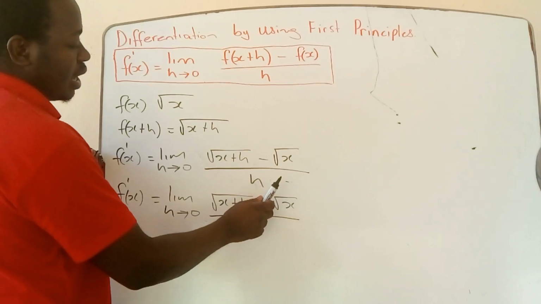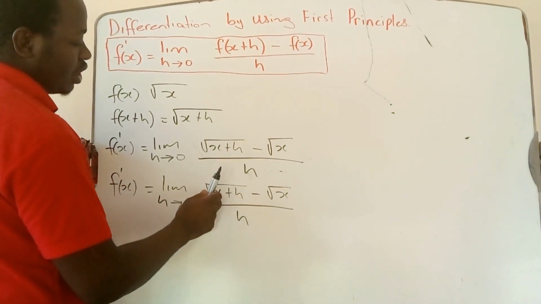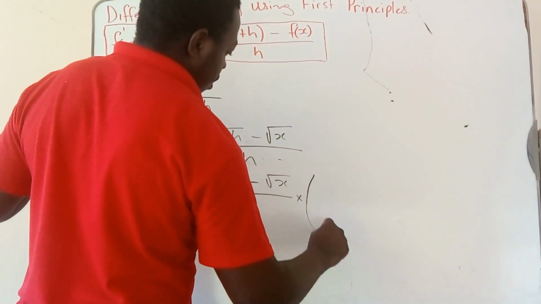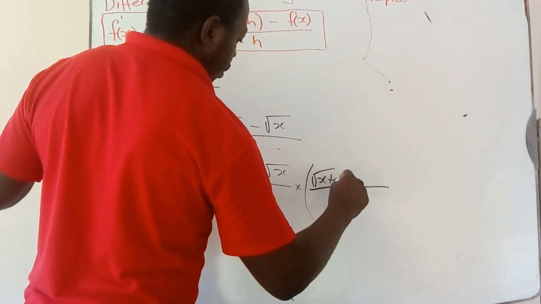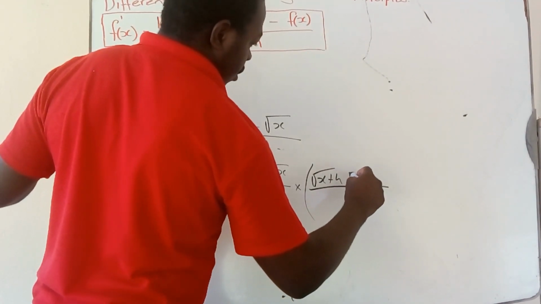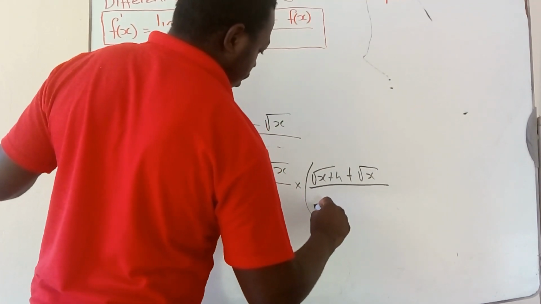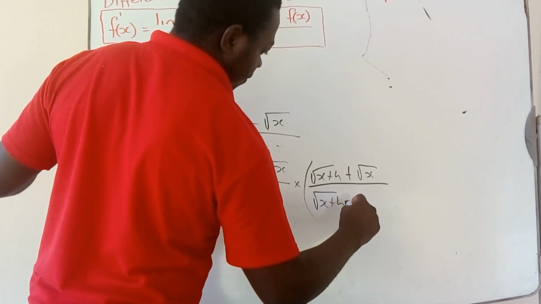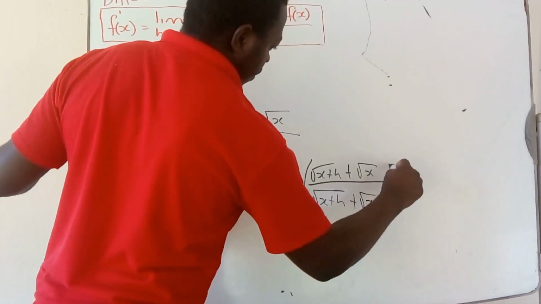And we're going to multiply both top and bottom by the conjugate of the numerator. So this would be times the root of x plus h plus the root of x, all over the root of x plus h plus the root of x.